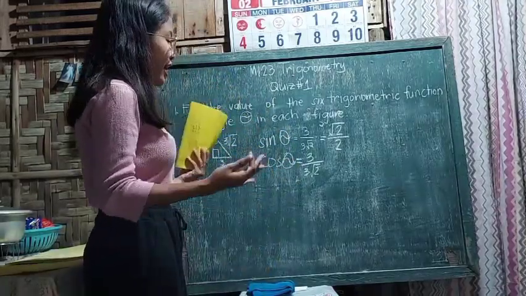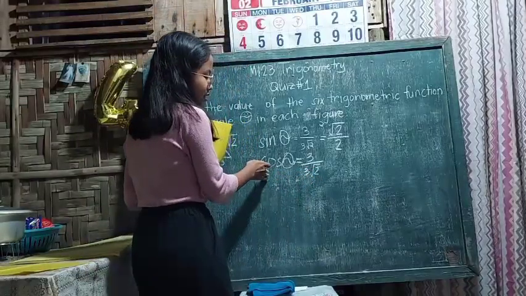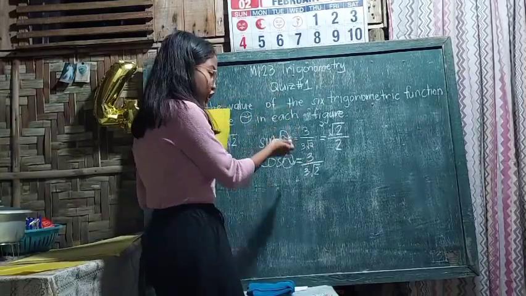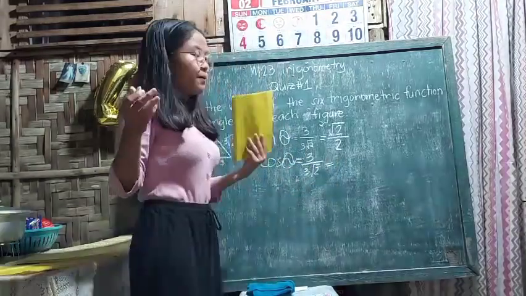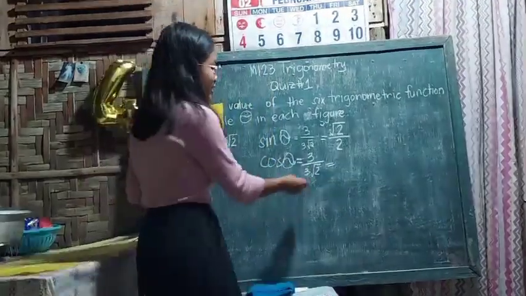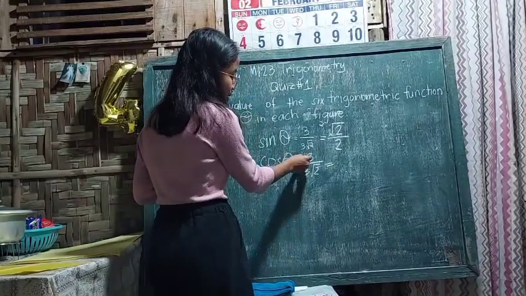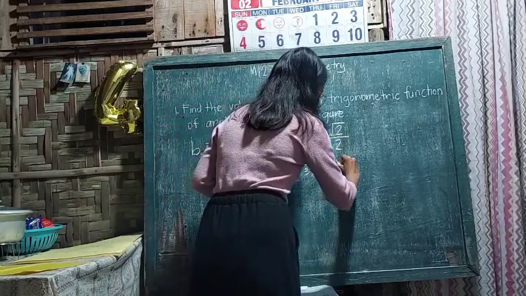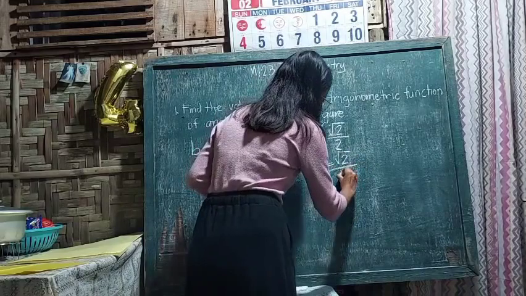So we can now say that this value for our cosine theta will undergo the same process as the sine theta earlier. So our cosine theta, which has a value of 3 over 3 square root of 2, can also be simplified as square root of 2 over 2.